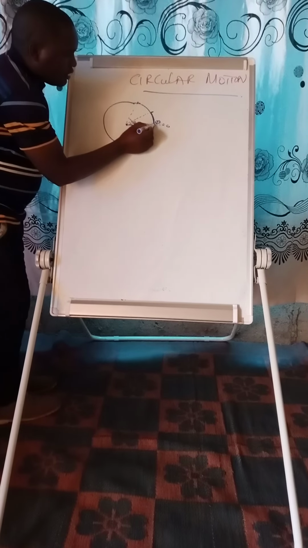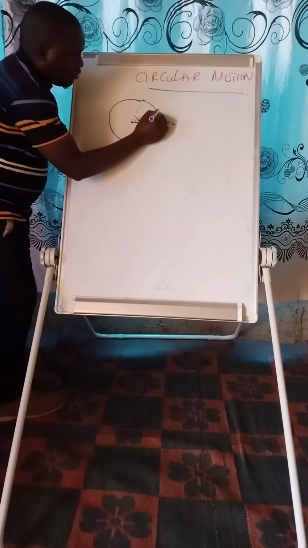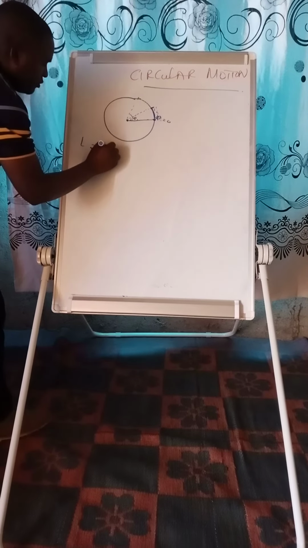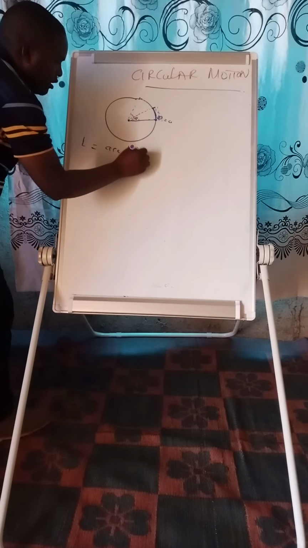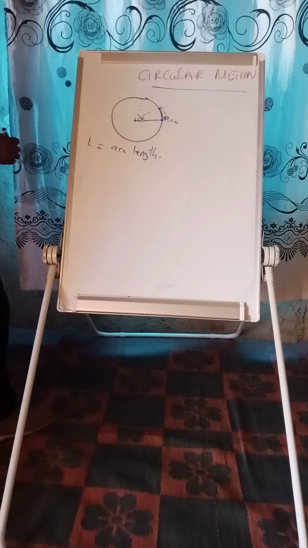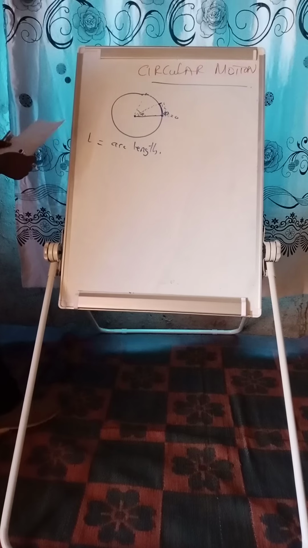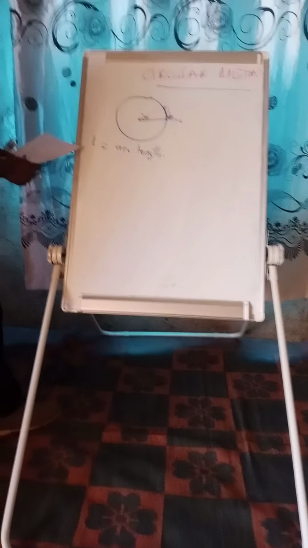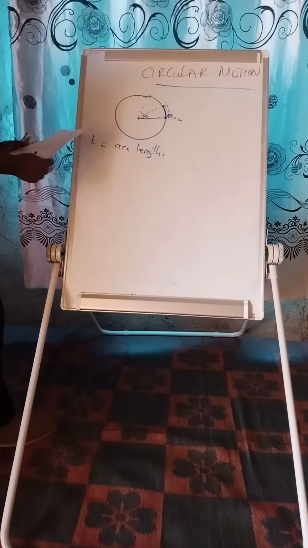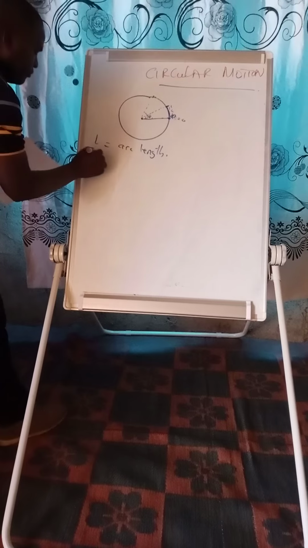So this length from the center to a point where the body is, is known as arc length. The angle theta through which the object has moved is known as angular displacement.